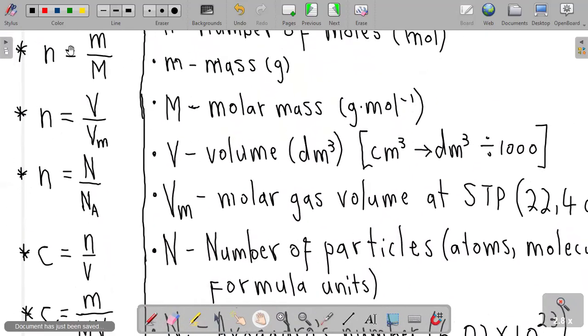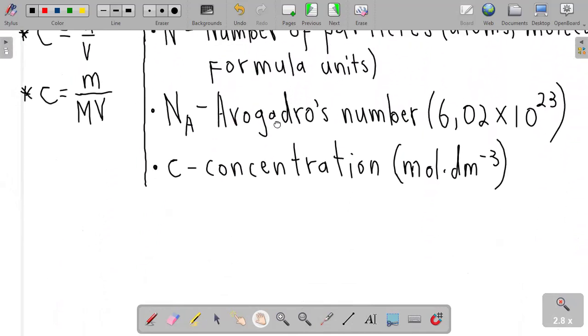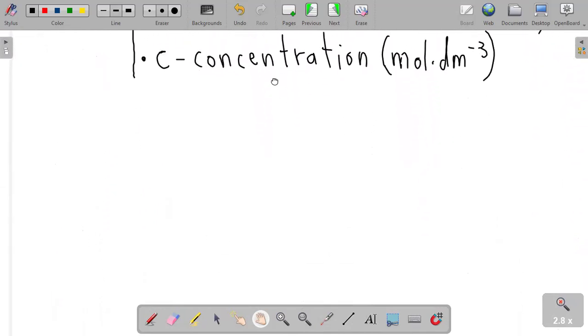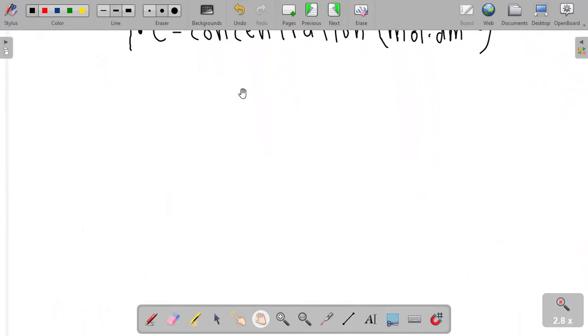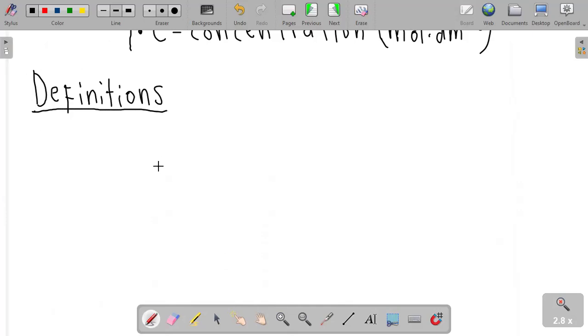If you understand these 5 formulae, then you won't have problems going forward. And then there are a few definitions that we have to familiarize ourselves with at this point, because sometimes they will ask you to define.